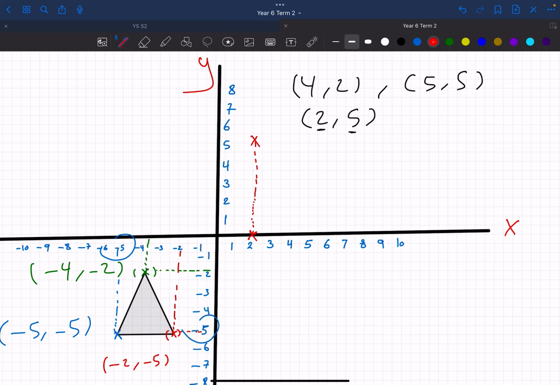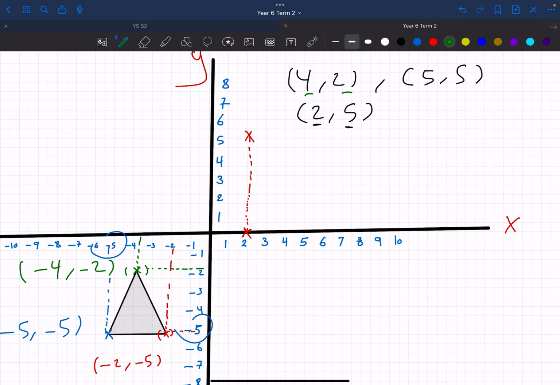Good. Now we have 4, and we are flipping the triangle, by the way. Now we need to have 4, and we need to have 2. Where is the 4 and where is the 2? 4 in x, and 2 in the y. And I have 5 and 5.